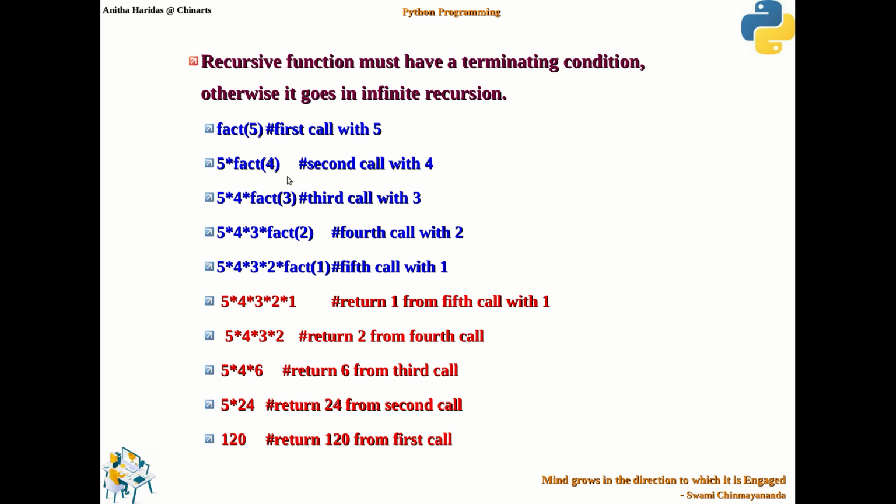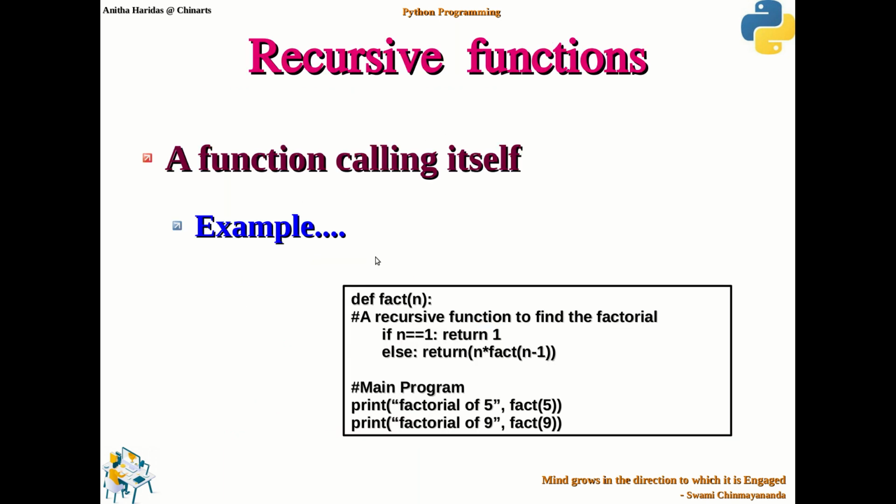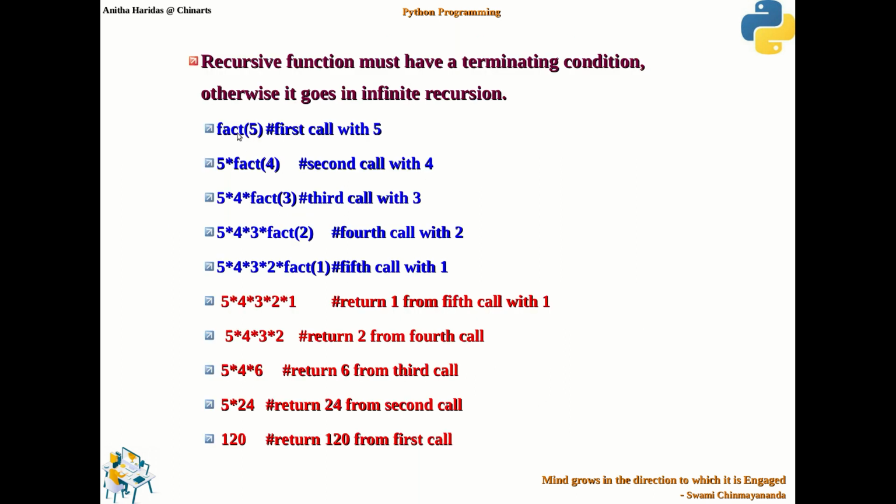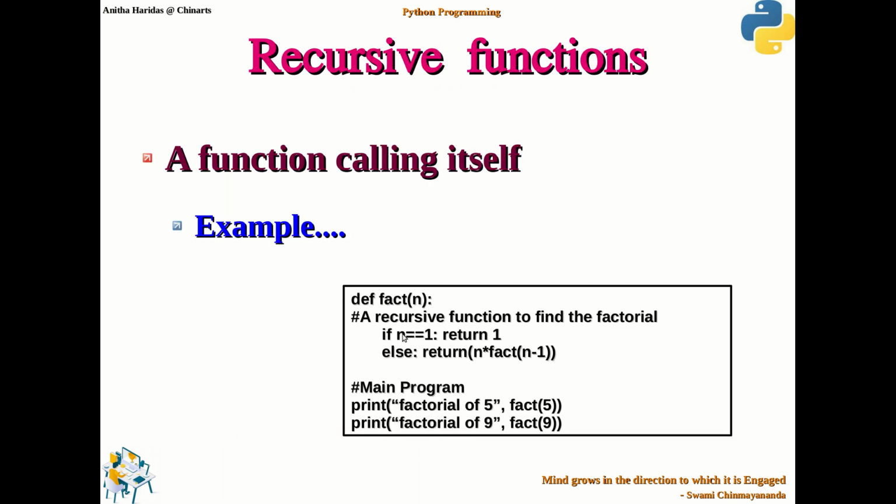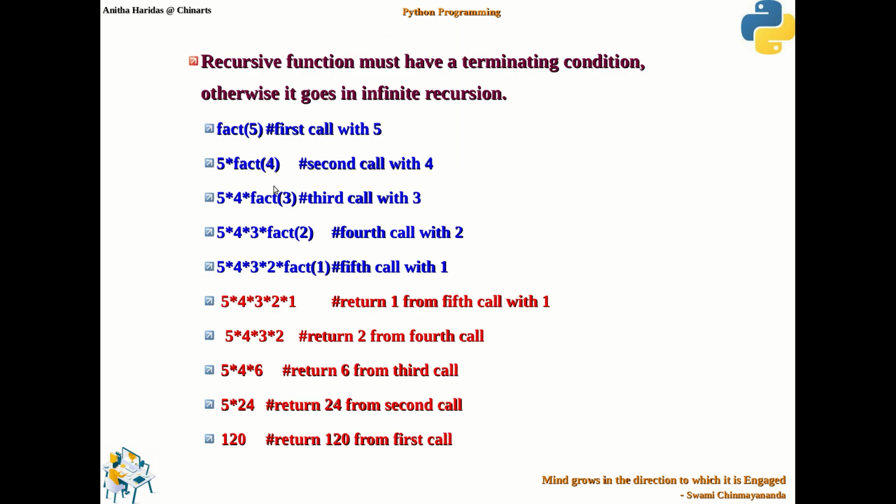So if I give factorial of 5, and call the function, the first call will be factorial of 5. In the second call, 5 is not equal to 1, so it will go for 5 into factorial of 5 minus 1, which is 4.